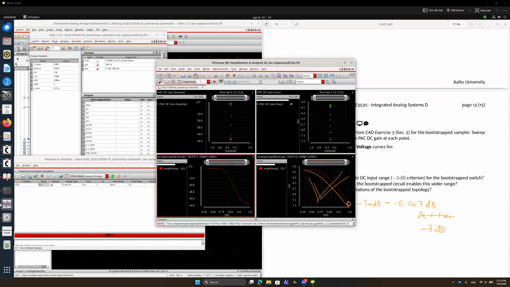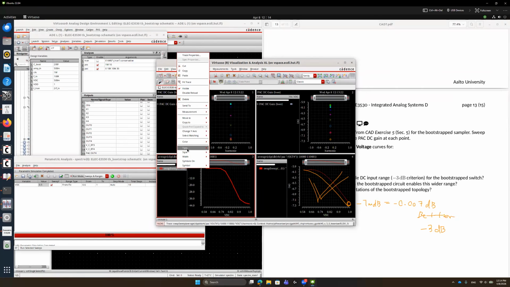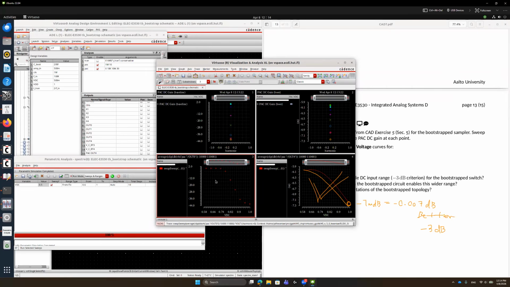Good. All right. And what about the baseline switch case? So you can see that until like 0.73 volt, it can ensure minus 300 millidB, which is still less than minus 1 dB, but it is lagging.